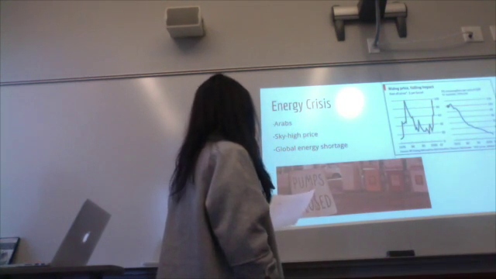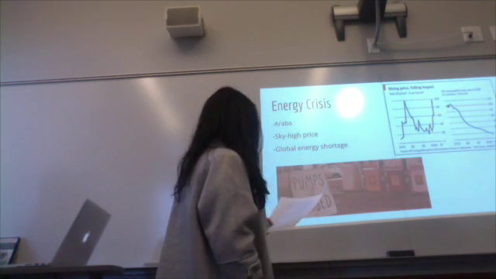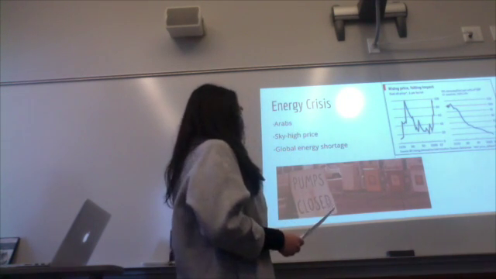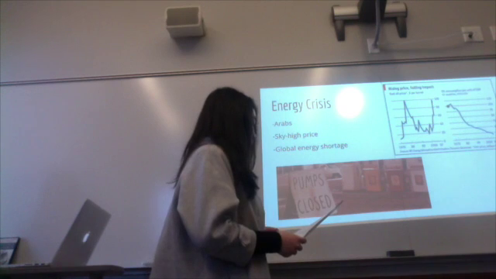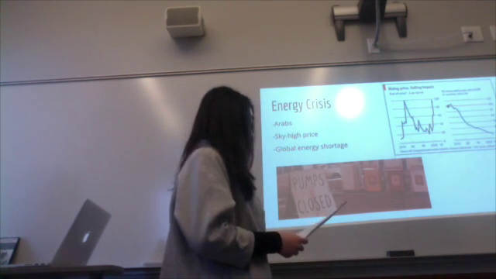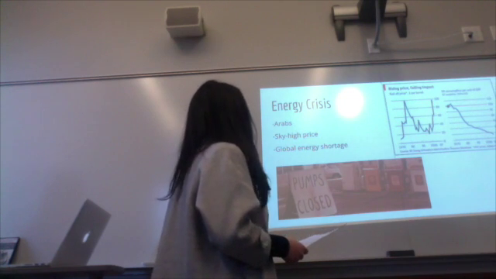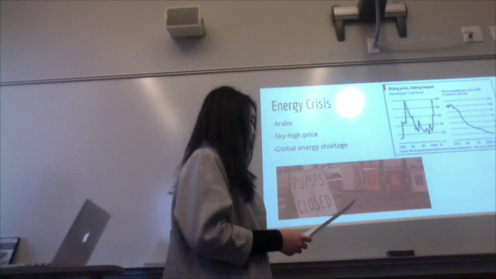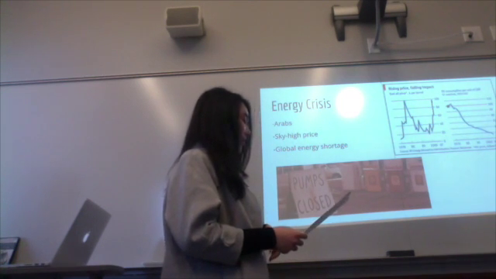First, the energy crisis. By the early 1970s, American oil consumption, including gasoline and other products, was rising even as domestic oil production was declining, leading to a very serious dependence on oil imported from abroad.